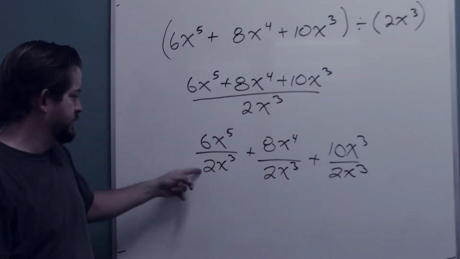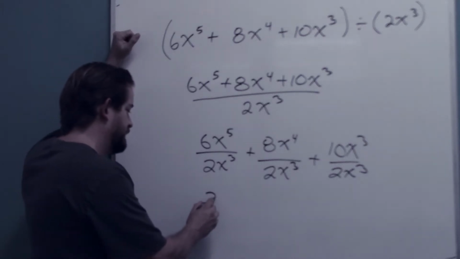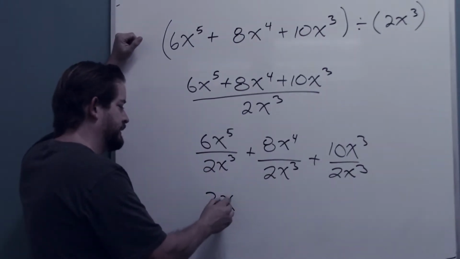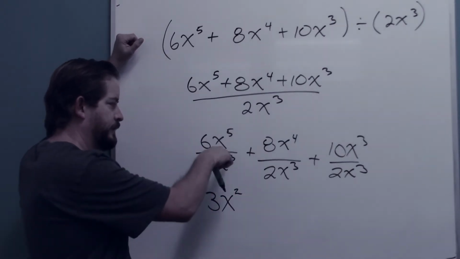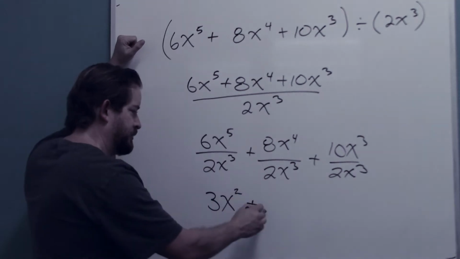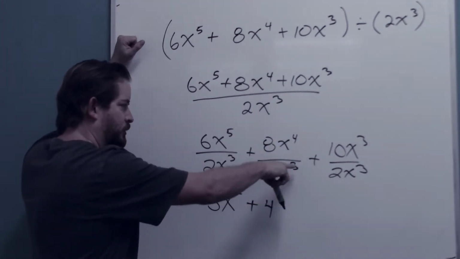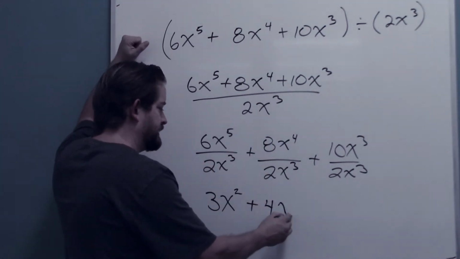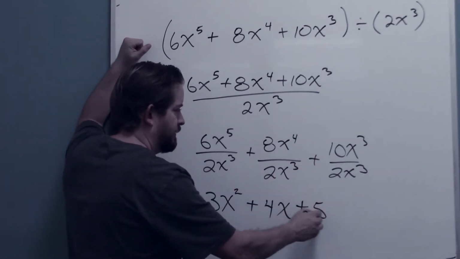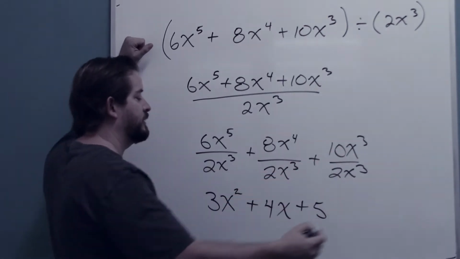And so 6 divided by 2 is 3. I have x to the 5th over x to the 3rd. That's going to leave me with x squared, 5 minus 3. Plus 8 divided by 2 is 4. X to the 4th over x to the 3rd is just an x. 10 over 2 is 5. X to the 3rd over x to the 3rd cancels out.